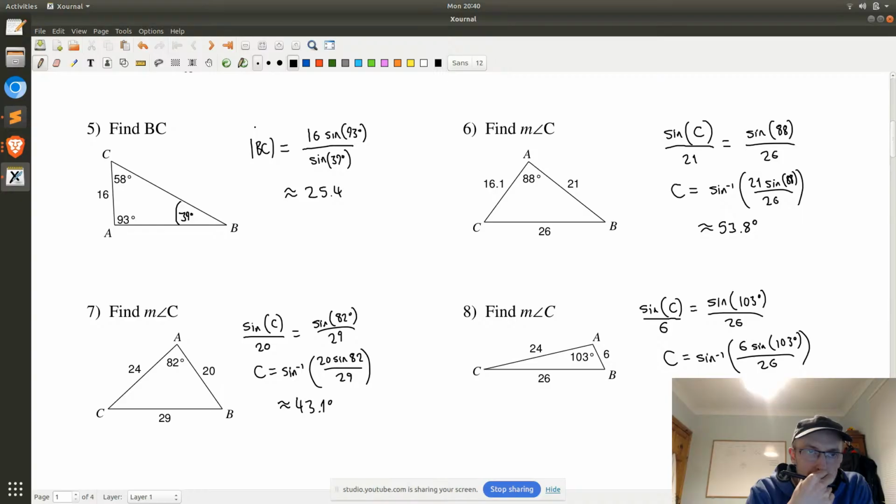The length of BC with the sine of 93 is 16 over the sine of... that's 151.